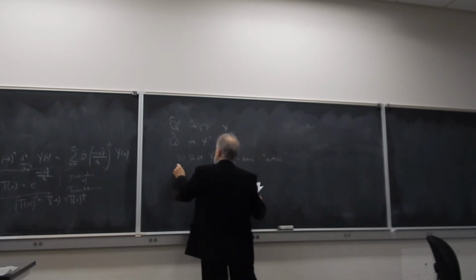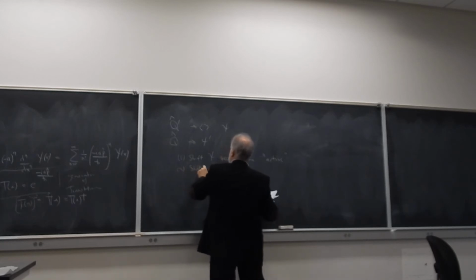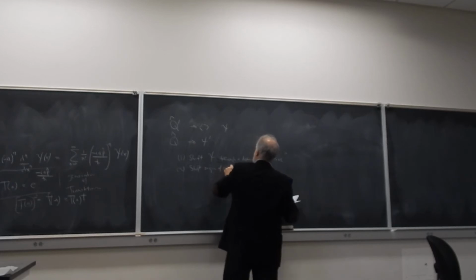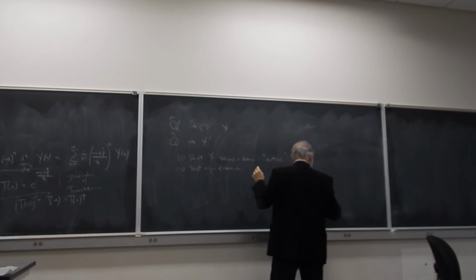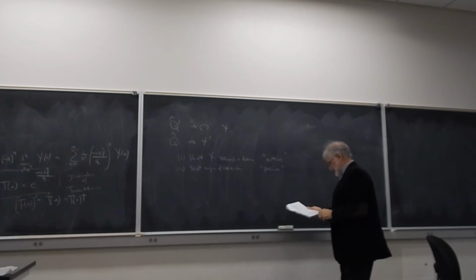On the other hand, we could shift the coordinates, or shift the origin of the coordinates in the opposite direction, and that constitutes a passive translation. So we're not moving the wave function, we're just moving the coordinates. So those are two ways that this can happen.